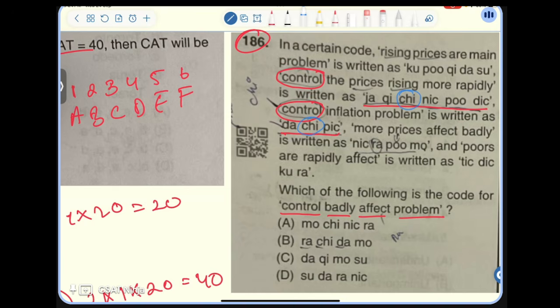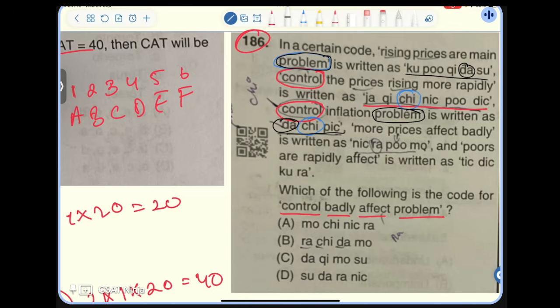Yeah, we have a problem here. If this is problem, is there any other question where there is problem? Yeah, there we have another problem here, which is coded as this one. What is the common part in this and this? It is DA. Problem is coded as DA.